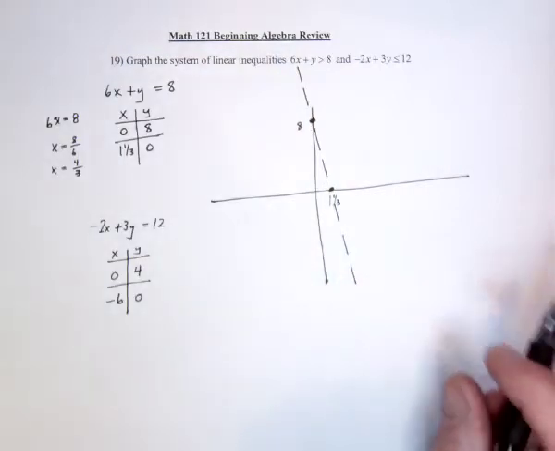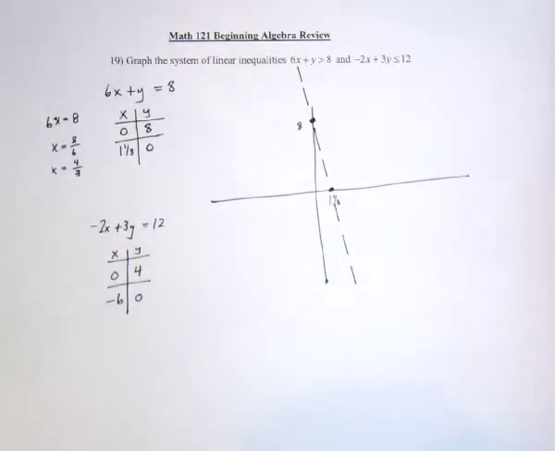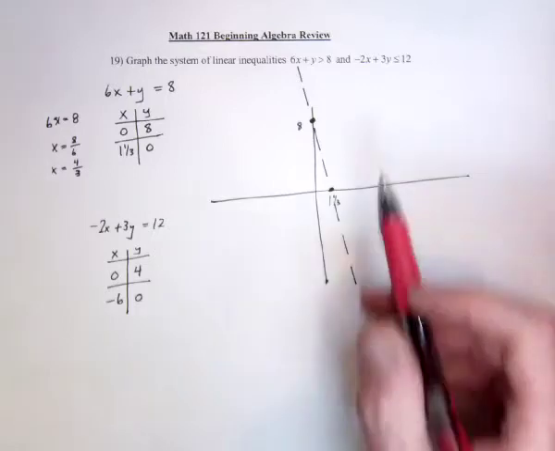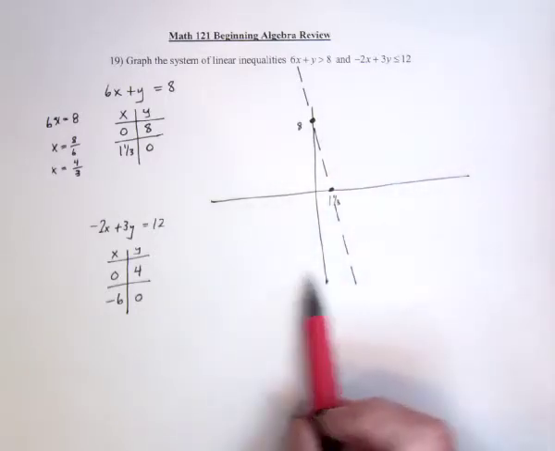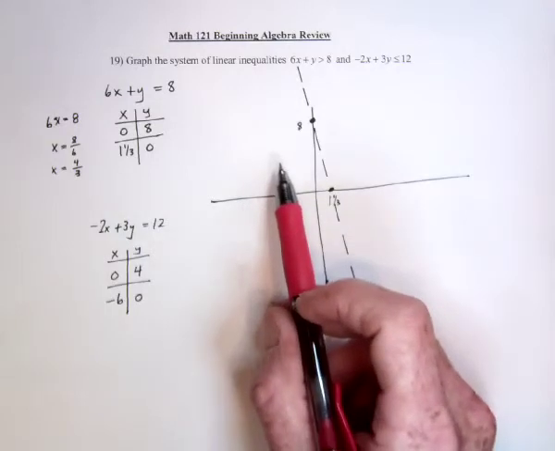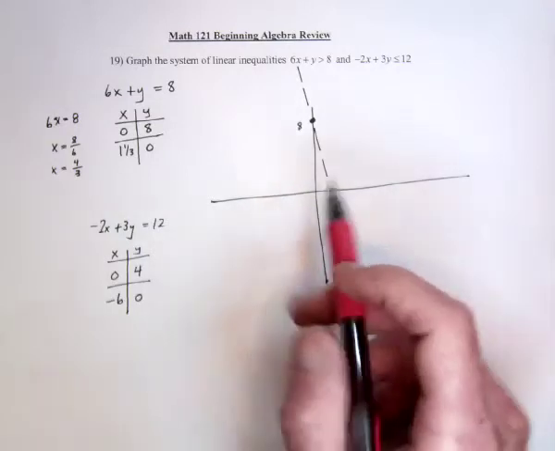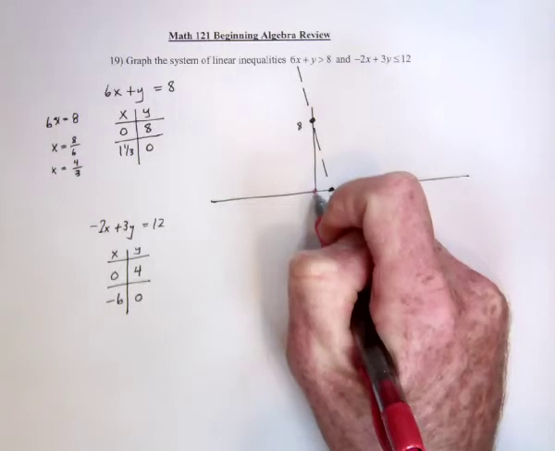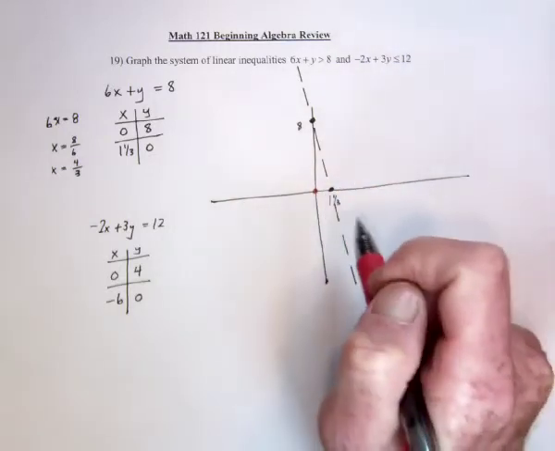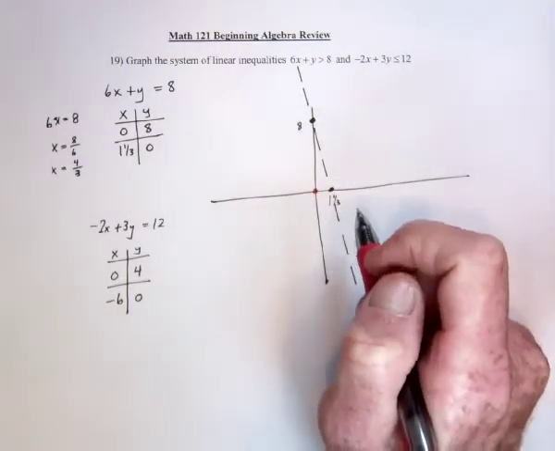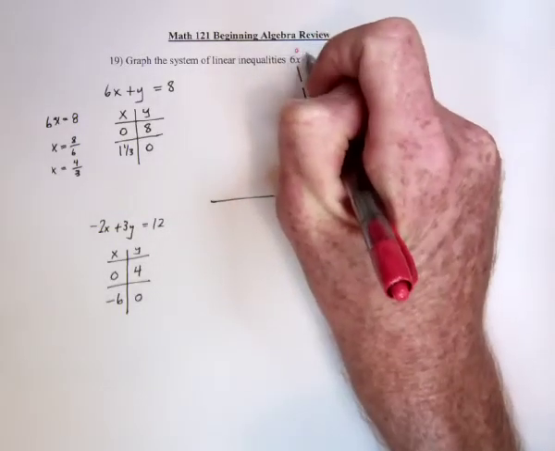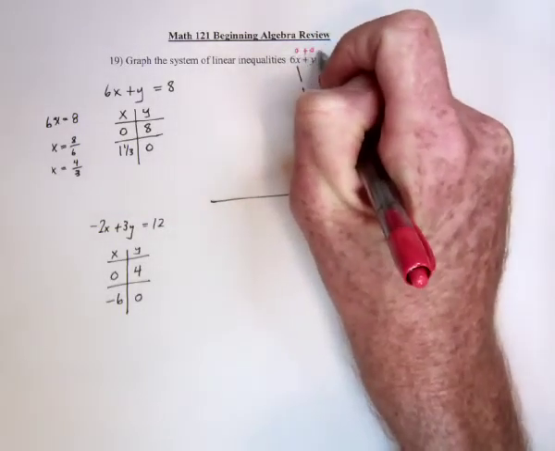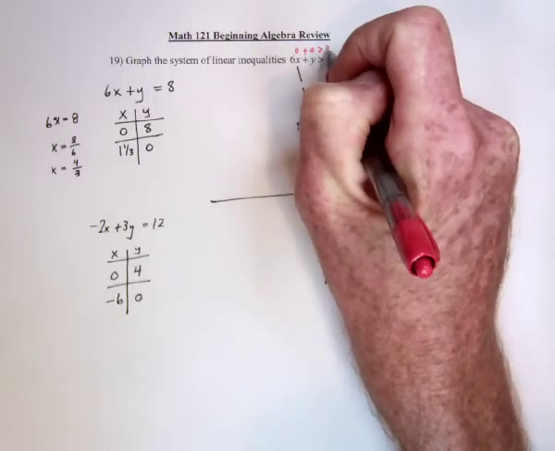The next thing to do is the shading. So the shading is either going to be over here on the right side of the dotted line or over here on the left-hand side. In order to find out, just pick a point on one side or the other. I think this one right here, 0, 0, is easiest. And then go to the inequality. If you substitute a 0, this is going to say 0 plus 0. Is that bigger than 8?